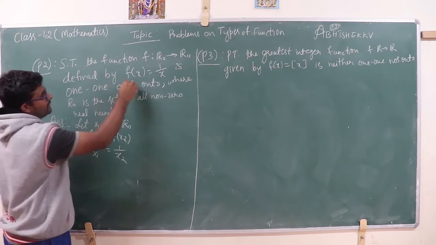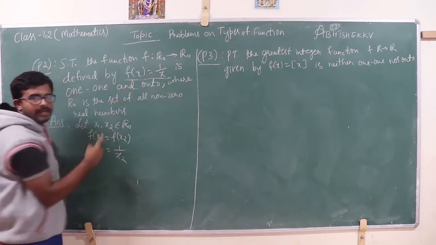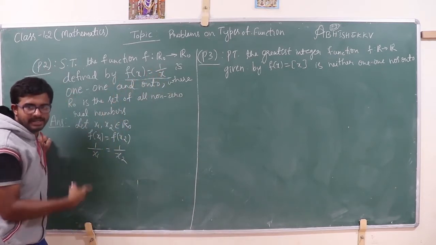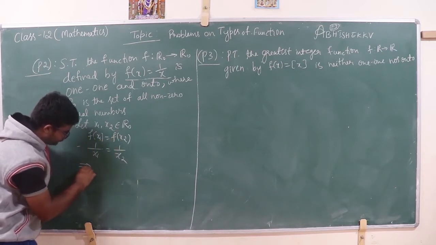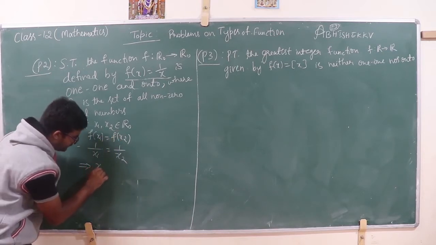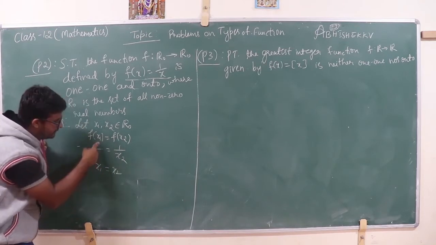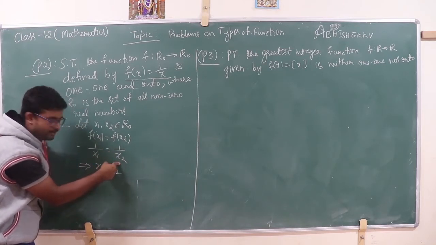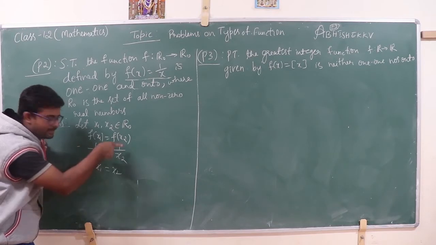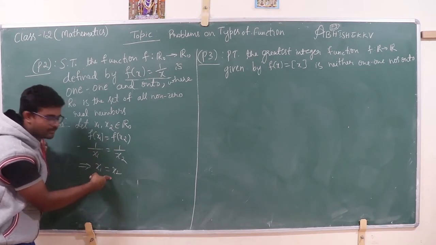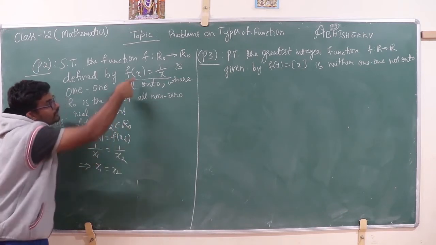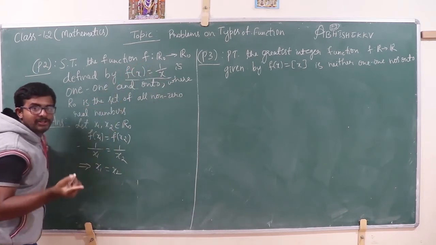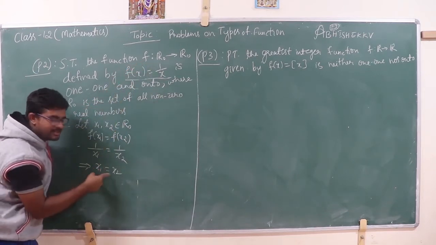Because the given function is f of x is equal to 1 by x. This implies x1 is equal to x2. Since both are in denominator, cross multiply this, x2 this, x1 this, therefore x1 is equal to x2. By taking f of x1 is equal to f of x2 for all x1, x2 belongs to the given set of non-zero real numbers, that implies x1 is equal to x2.